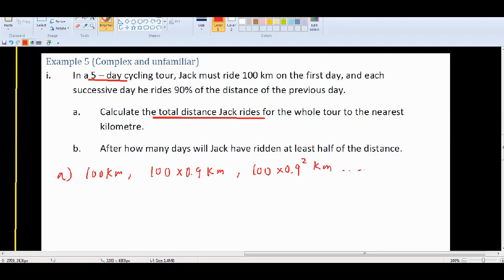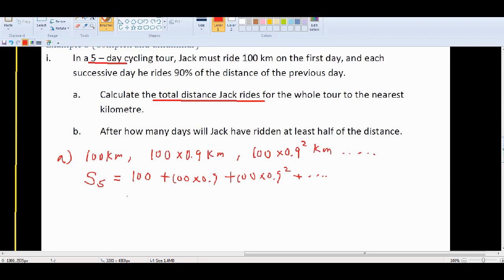Etc. So that means this is a geometric sequence, right? And total distance means you need to add all the terms up, up to 5. So S5 equals 100 plus 100 times 0.9 plus this one, etc. But what we're going to do is use the formula.